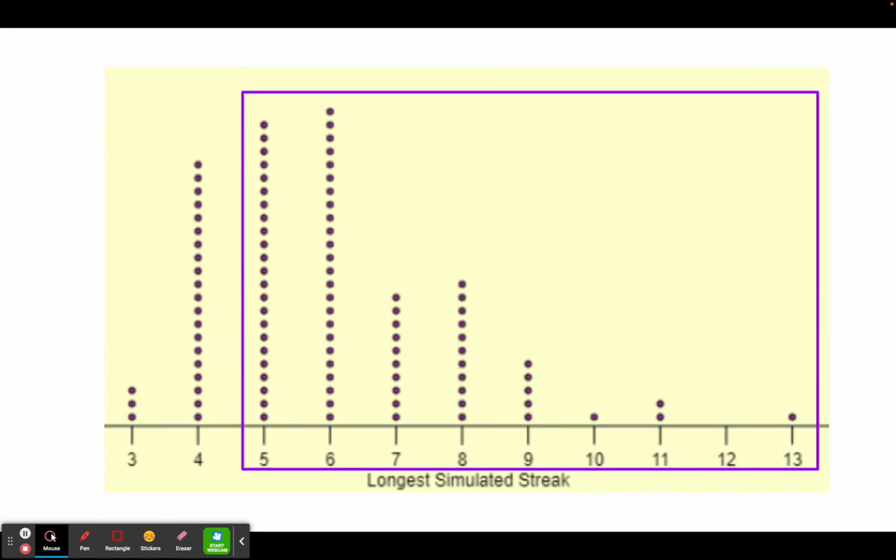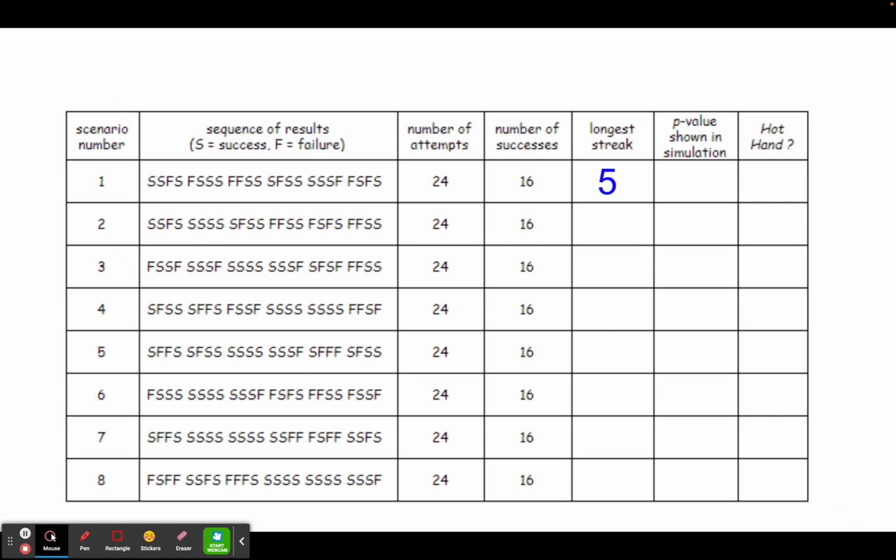There are 100 dots total in this simulation, so 77 dots out of 100, or 77%, would be our p-value. This p-value is very large, so we would fail to reject the null hypothesis, which means we do not have evidence that they are streaky. In other words, no, they do not have the hot hand.